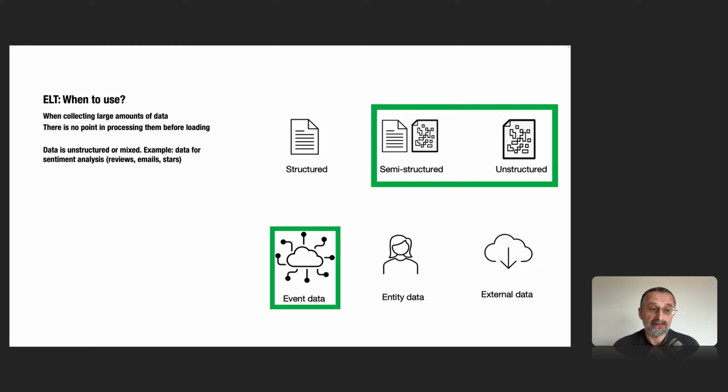For example, data for sentiment analysis, reviews, emails, likes, etc. So if you have semi-structured, unstructured data of the event type, this is probably the point to use ELT, so load before transformation. Okay, so that completes the short lecture on different types of processing, and now we are ready to continue with the next lecture. Thank you.